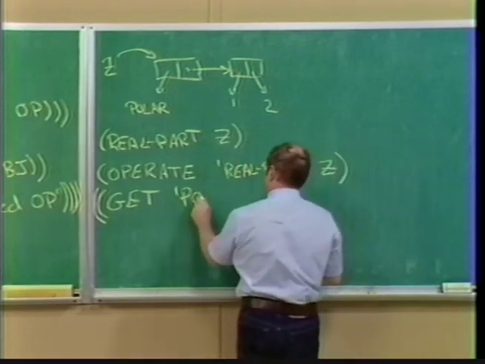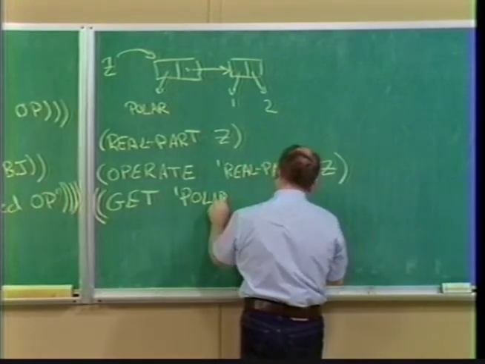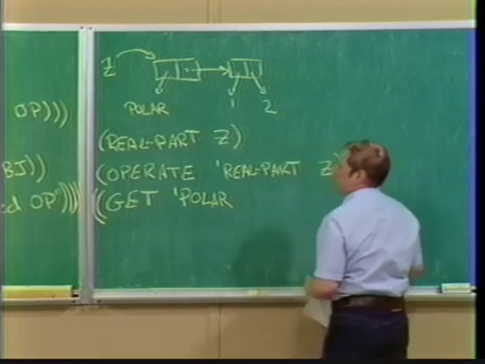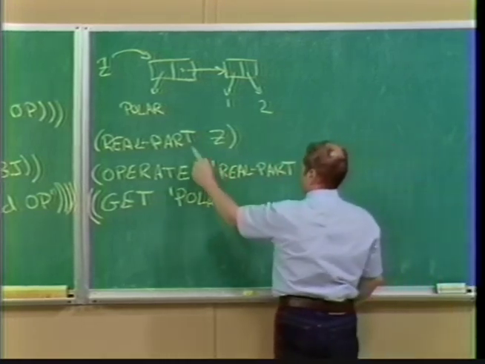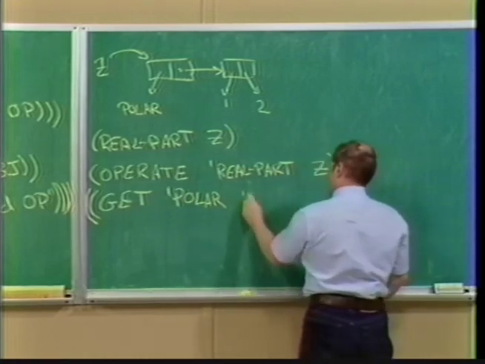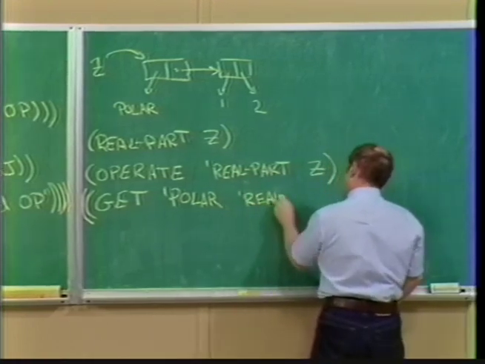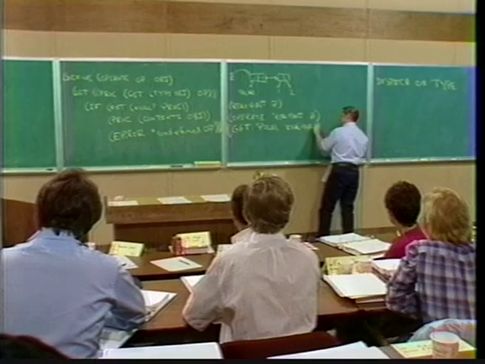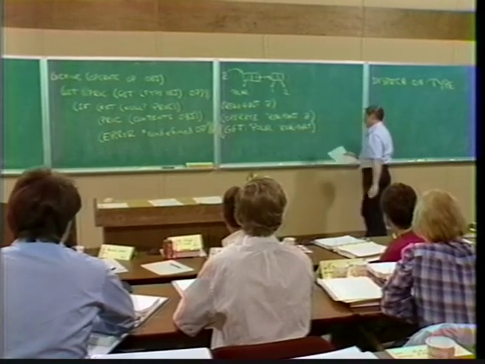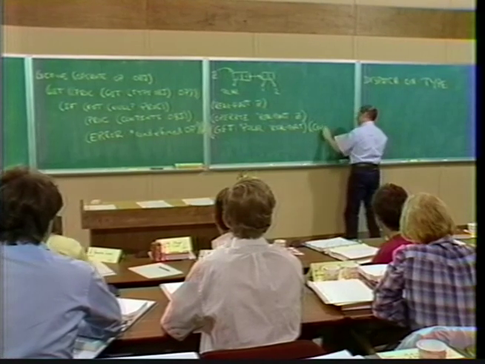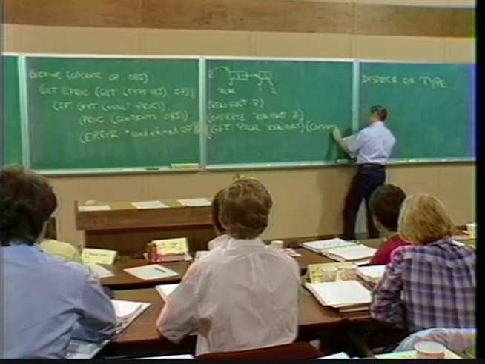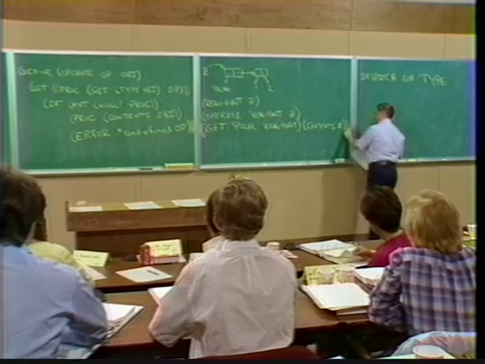So it's going to look and say, can I get using polar and the operation name, which was real part, and apply that to the contents of Z.